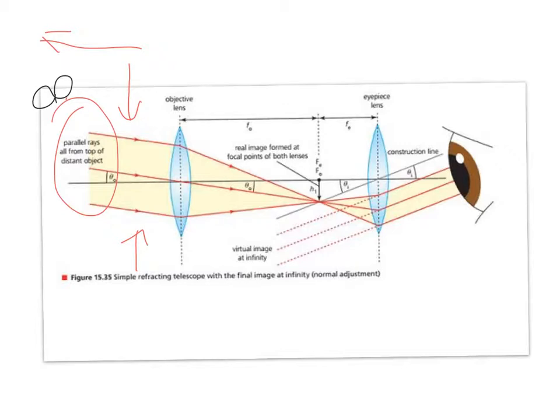With rays coming from infinity, what we're saying is that your U value is equal to infinity. This has the peculiarity of making the image distance V equal to the focal length. Now, why could that be? Have a think about your lens equation for a second.